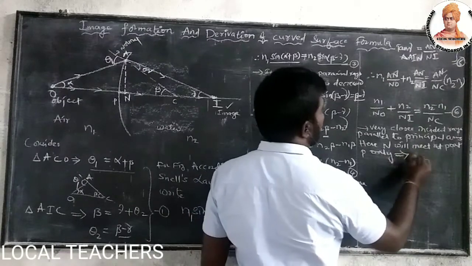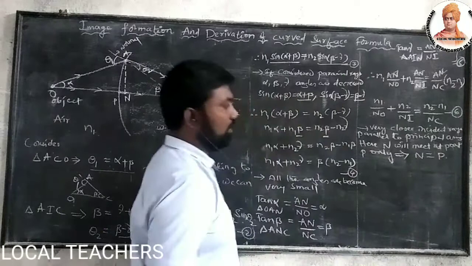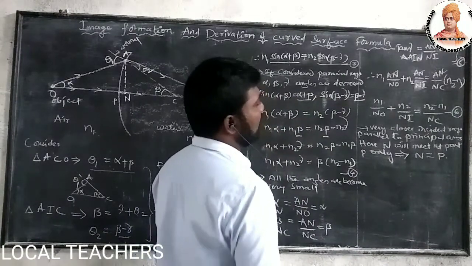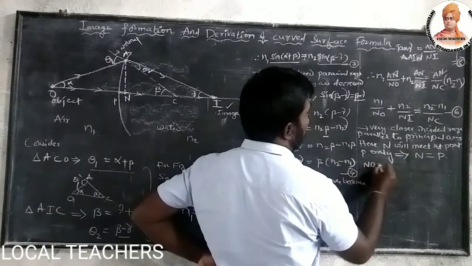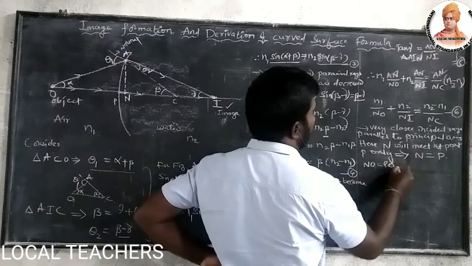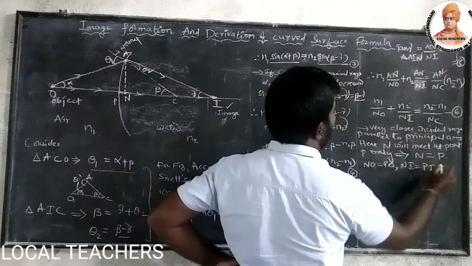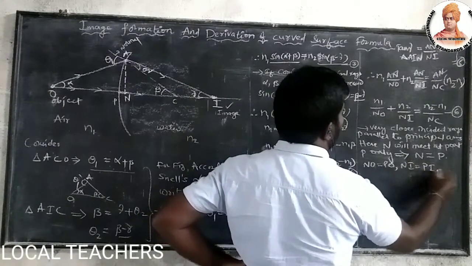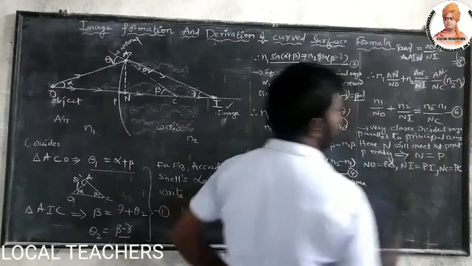That means this N will become P only. So I can write NO equals PO, NI equals PI, next NC equals PC.